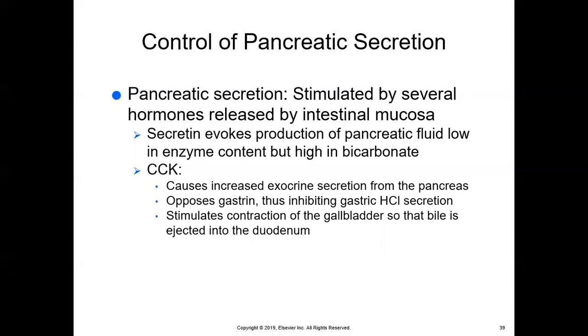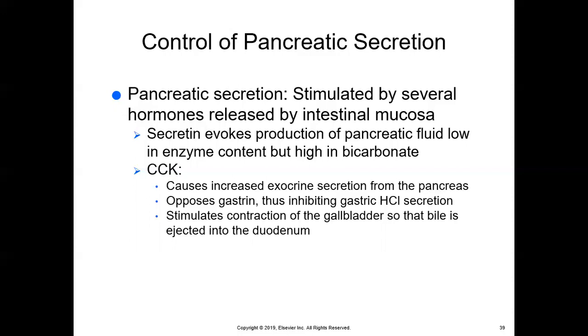Then also you have CCK. So CCK is cholecystokinin, and it causes increased exocrine secretion from the pancreas.